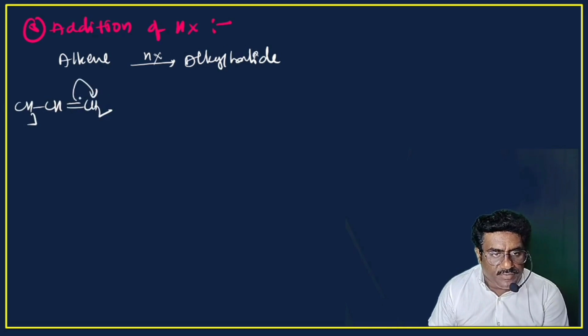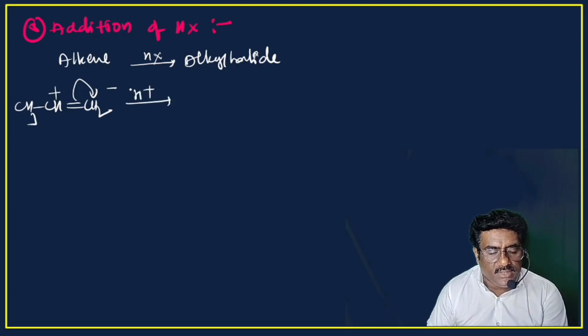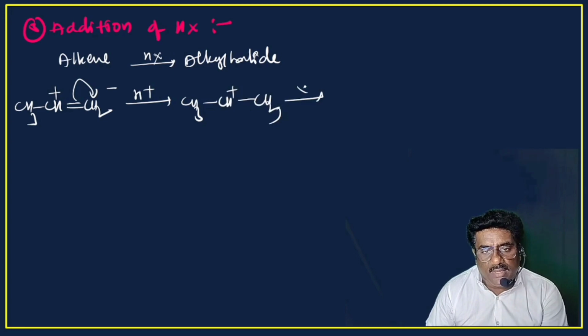The pi bond is shifted due to the positive and negative groups. Here getting positive, here getting negative. So in the presence of H plus, it forms CH plus and CH2 minus, and it is CH3. Again with X minus, it forms CH3, X and CH3.